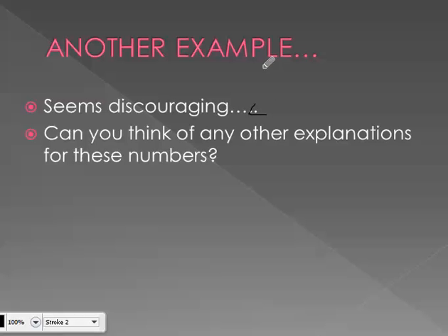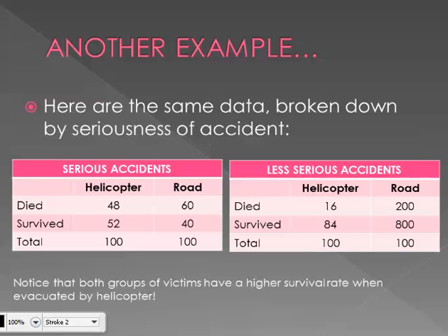Do you think there's any other explanation for this information? Well, one thing that comes to mind that you might keep aware of is that they don't always call the helicopter. If it's a minor accident, minor wreck, they're going to send them on the road, right? It's only the major ones that they call in the helicopters to pick them up. Okay?